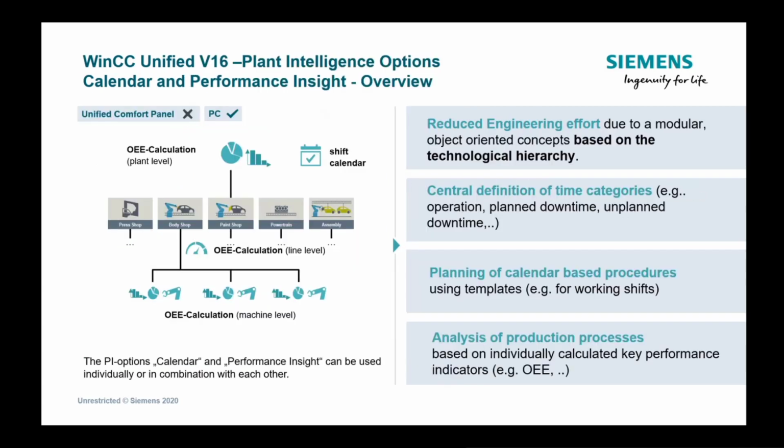We have the ability to combine the options, so we could use them independently, Performance Insight or Calendar, and they have their own specific use cases independently. But it's quite powerful when we combine them as well. An example here is we're showing how we might want to have underlying OEE calculations based on a machine level, and how we might want to start integrating the OEE calculation by a shift context.